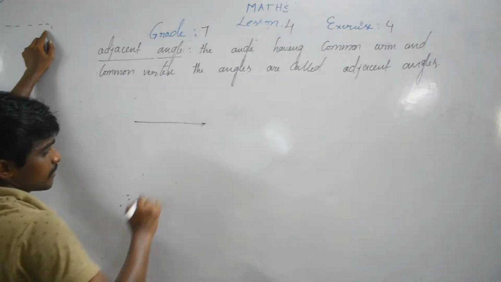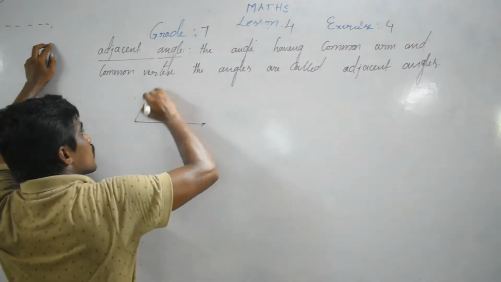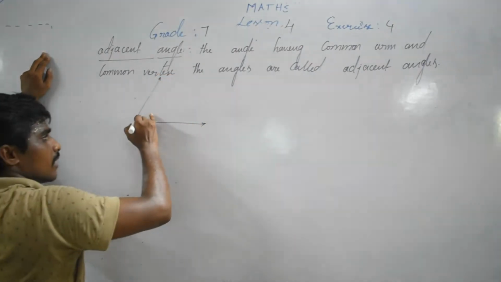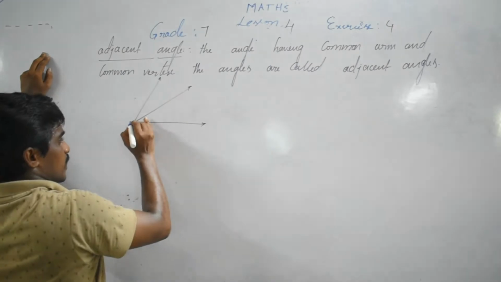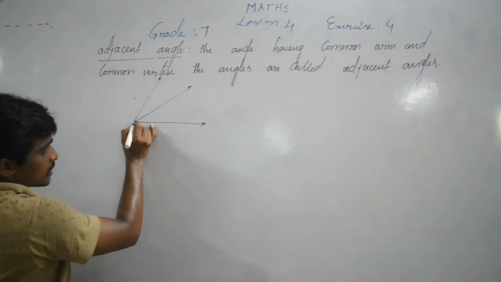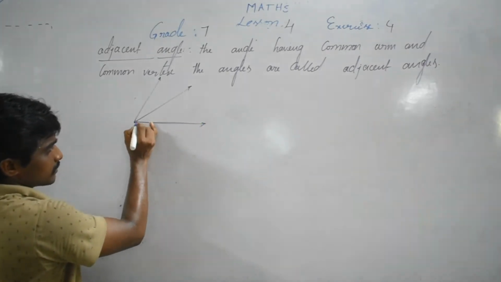Now this is an initial ray, this is a terminal ray, with another ray between them. So here see, this is a common point.